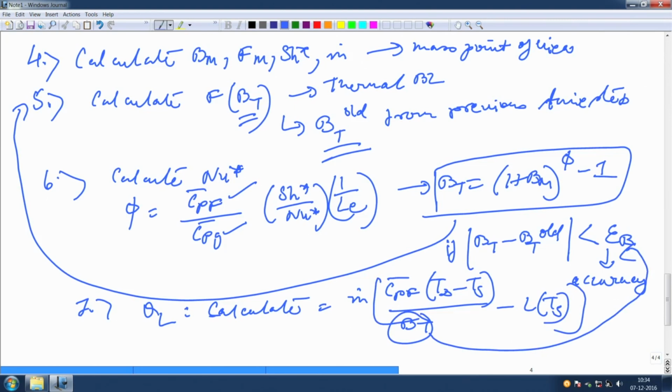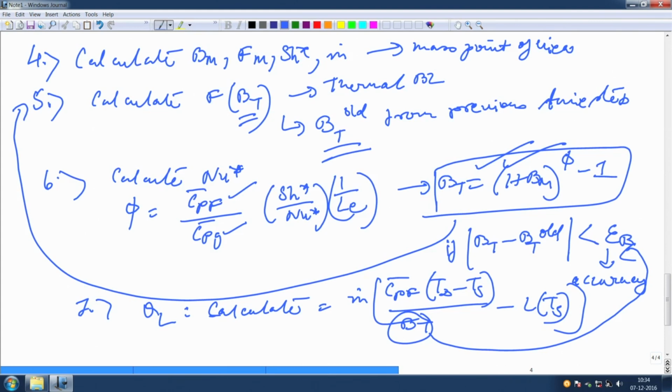Got it? Why are we doing this? Because remember we told you that the process is either mass limited or heat transfer limited. In order to have this equilibrium always being obeyed, you need to iterate over BT so that it does not over predict.